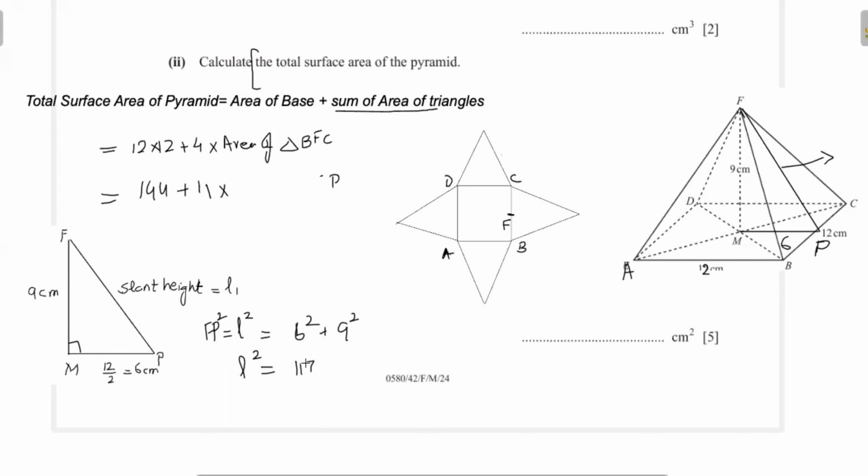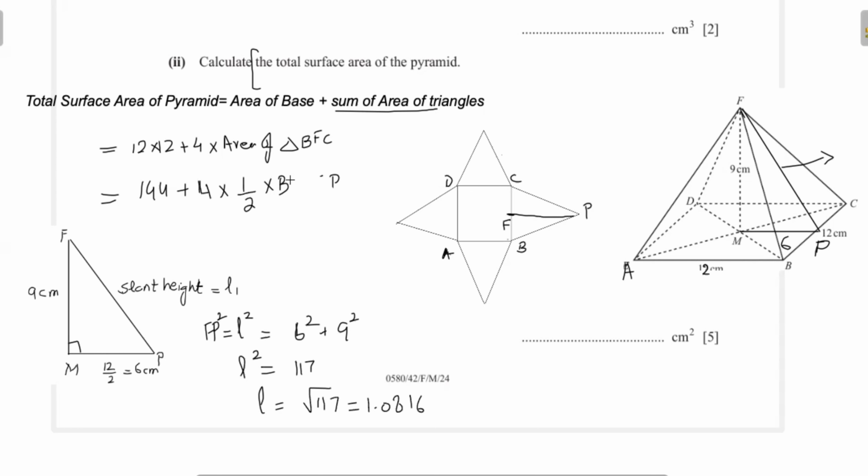L square is 117, and the length L will be equal to square root of 117, which is 10.816, and we can write this value here. 4 into area of triangle BFC is 1/2 into base length. You see here, this is the base length BC, and this is the slant height FP.